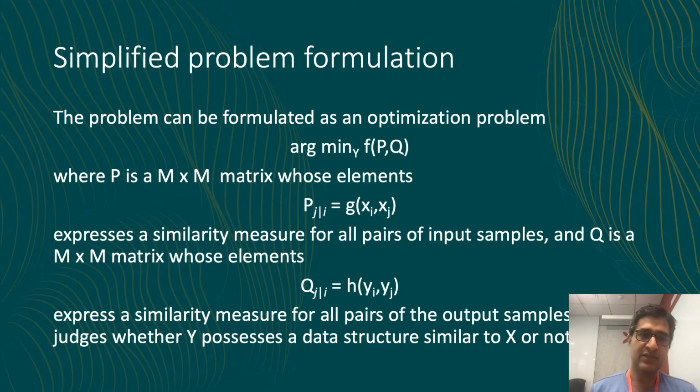So look at it from this point of view. This metric P gives you a probability of the point j being picked in the higher dimensional space when a point I was given to you. Similarly, the metric Q denotes the probability of point j being picked when the point I was given to you in the lower dimensional space.